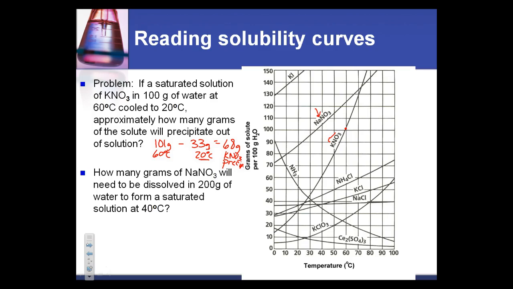Our temperature is 40 degrees C. Notice I always start with that temperature. And I go up and follow this line until it crosses this line. So that's my point right there. And I will go over here, maybe in a straight line, and I see that it's maybe around 105 grams per 100 grams of water.